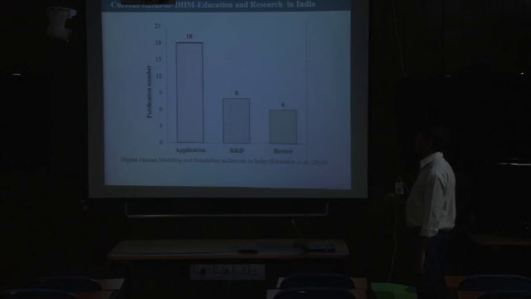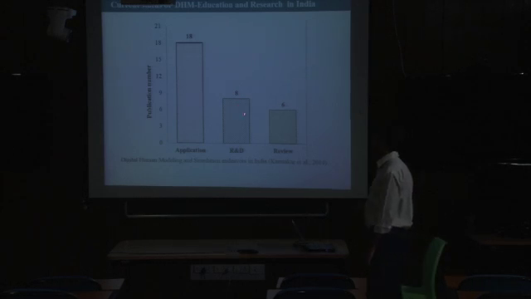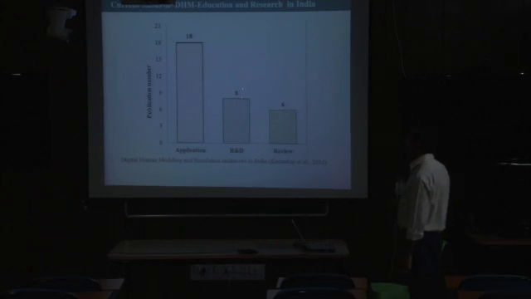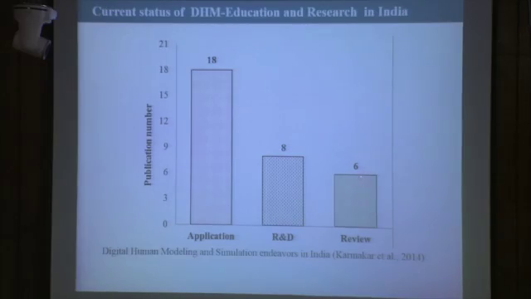Similarly, related to research and development, meaning either creating a digital human model or modifying its body parts, the reported research is 8 in number from India. Similarly, literature review based papers or review articles published from India till 2014 number 6.